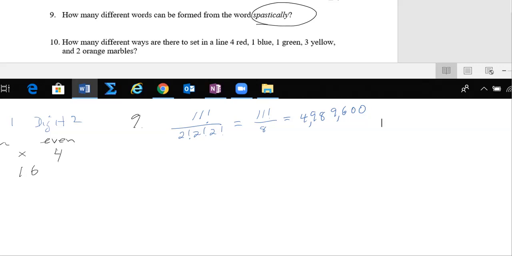This is kind of like a word, like the above word, but we already see we have 4 repeats of the red, 3 repeats of yellow, and 2 repeats of the orange marbles. It's the same kind of thing if you just think of these marbles as matching letters.